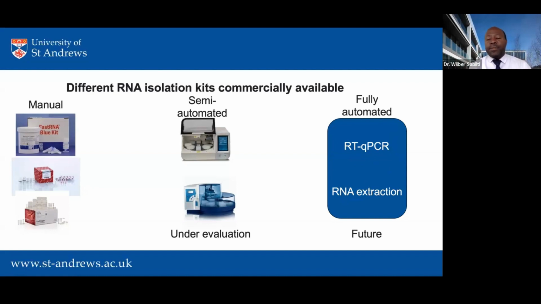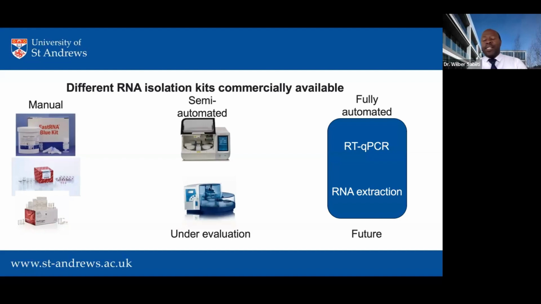But consider the advantages of both systems. The open system, like open manual extraction, is good in a way that you can extract from all sample types. The inhibitors that normally inhibit are not a problem in a manual extraction system.